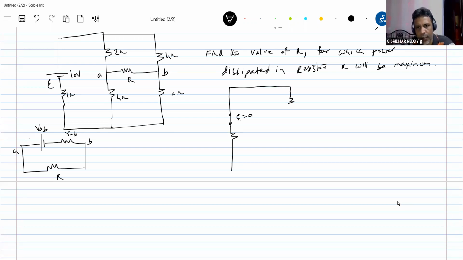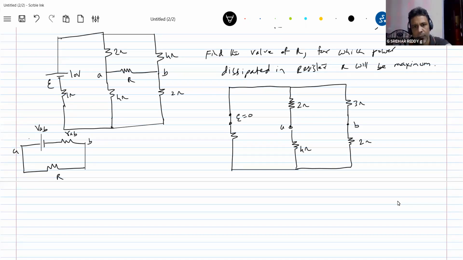So then this is 2 ohm, this is 3 ohm, this is 4 ohm, this is 2 ohm and this is B, and this is 1 ohm. So what is being asked now? To get that resistance across AB. What is the effective resistance as seen by the terminals A and B? That is RAB.